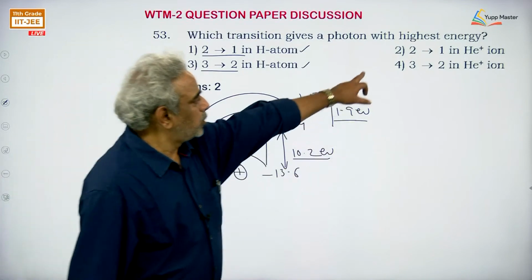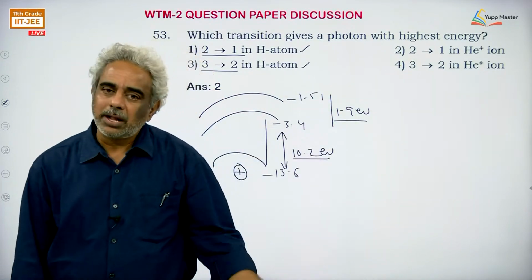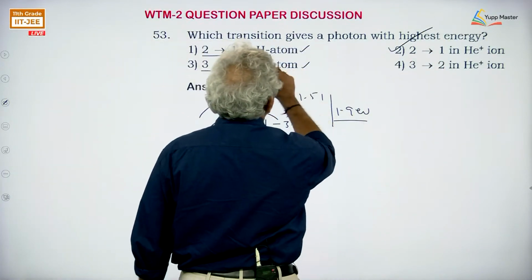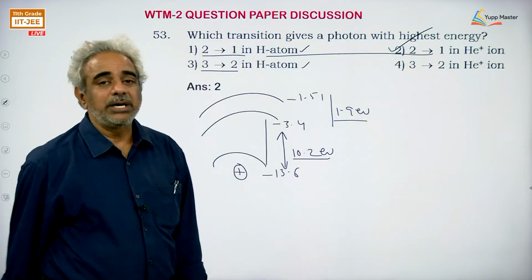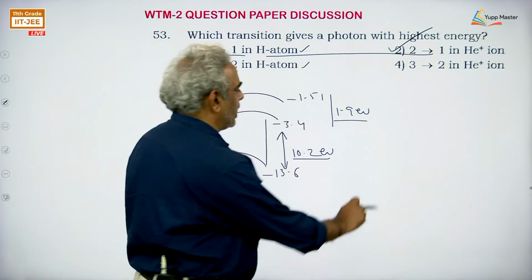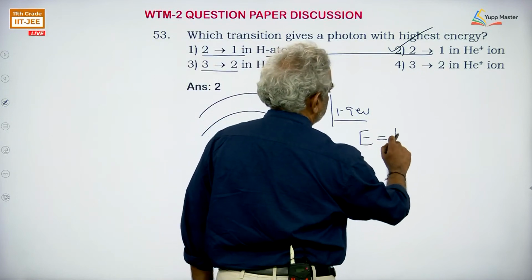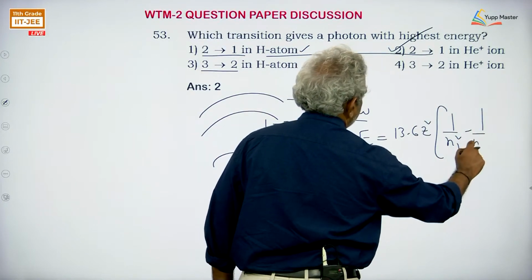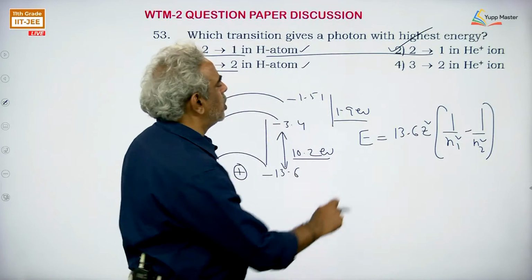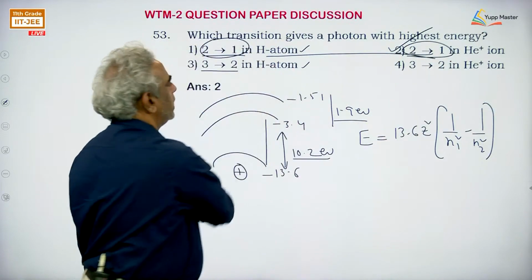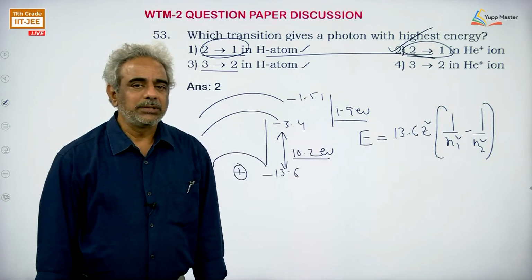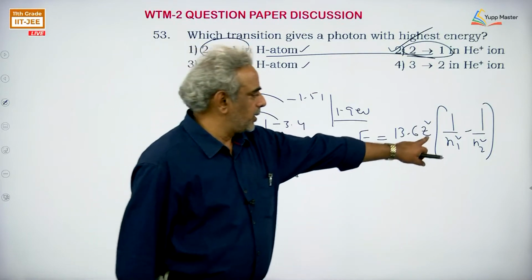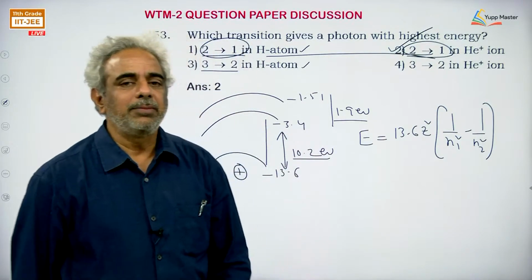And now 2 to 1 in helium plus, 3 to 2 in helium plus. There also 2 to 1 is better. So in these two, which is better? In which case is the high energy photon released? Remember we have the expression E is equal to 13.6 Z square into 1 by N1 square minus 1 by N2 square. Now we are comparing 2 to 1 in both hydrogen atom and helium plus. So once these two are the same, what matters now for this energy? Z. For hydrogen Z is 1, for helium plus Z is 2.